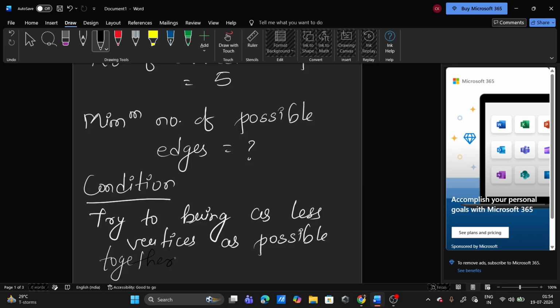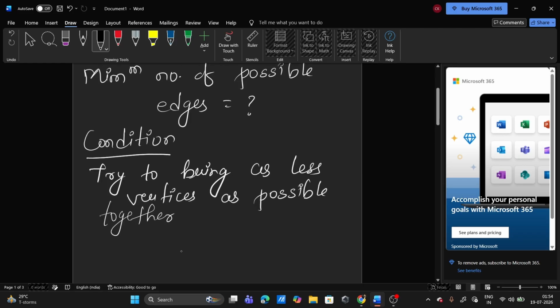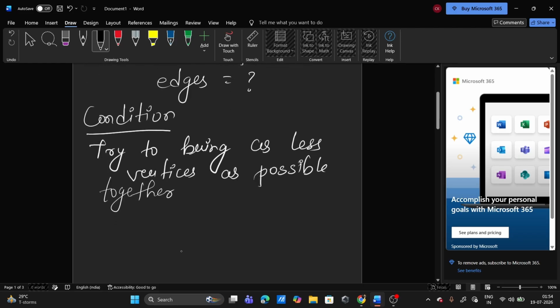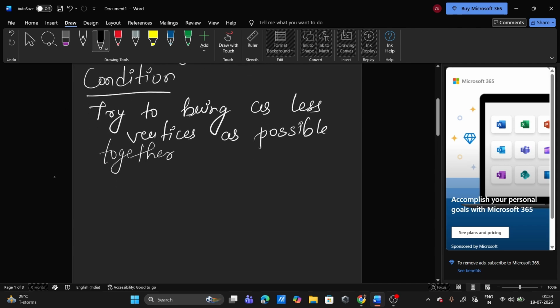So we will try to discover such a combination of vertices. We have 20 vertices and we need to distribute them into 5 components.